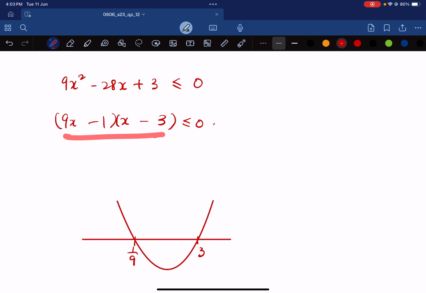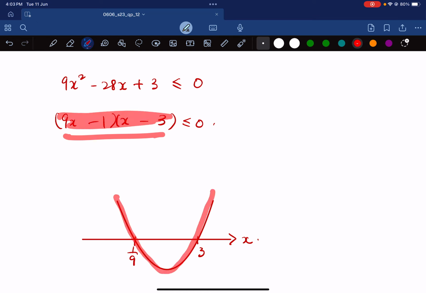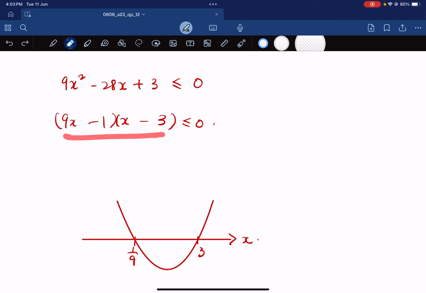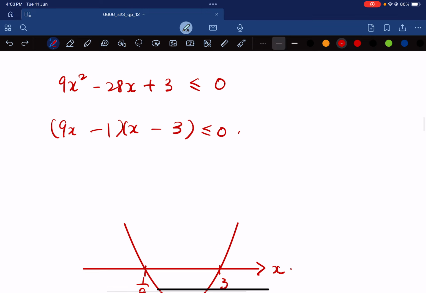This is the x-axis. Now, this is the graph of this function. Solving this inequality is asking us for what interval of x, for any value in that interval.